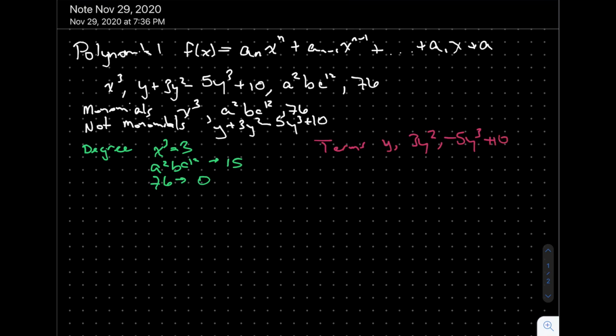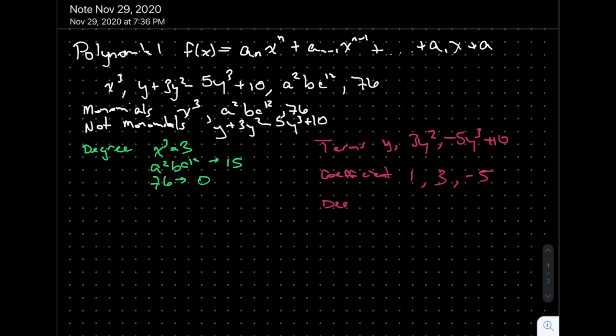Those are our 4 terms for this polynomial. I'd like us to identify the coefficient of each variable term. The coefficient of y is 1, right? The coefficient of 3y squared is 3. The coefficient of negative 5y cubed is negative 5. Coefficient is just the number in front of the variable.